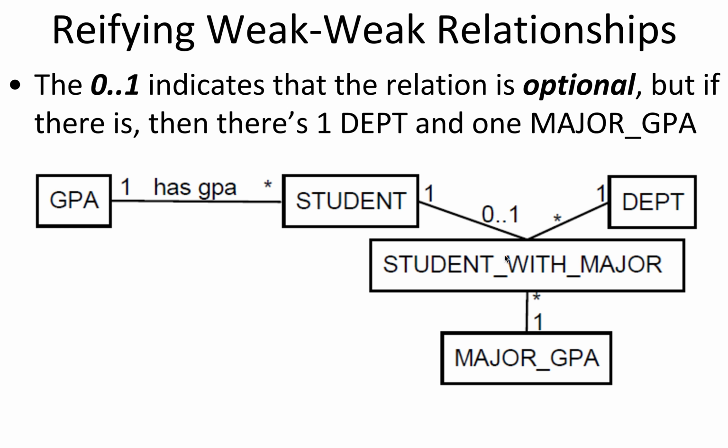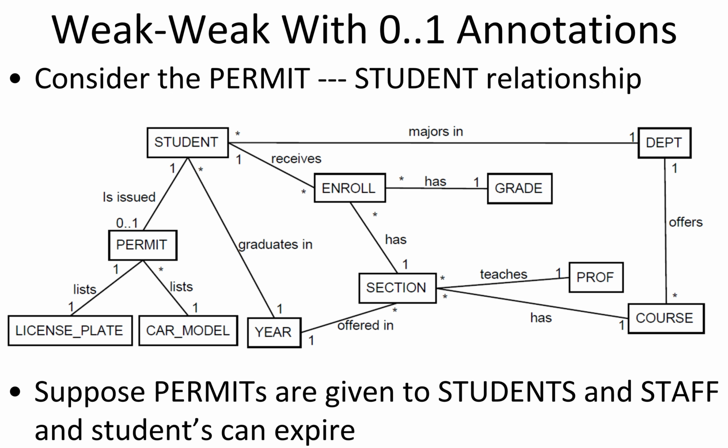If there is a record, then there is a reference to a department and a reference to a GPA. But if there is no record, there is no reference to a department and no record for GPA. So it's either all or nothing. Okay, so you could also model it that way.